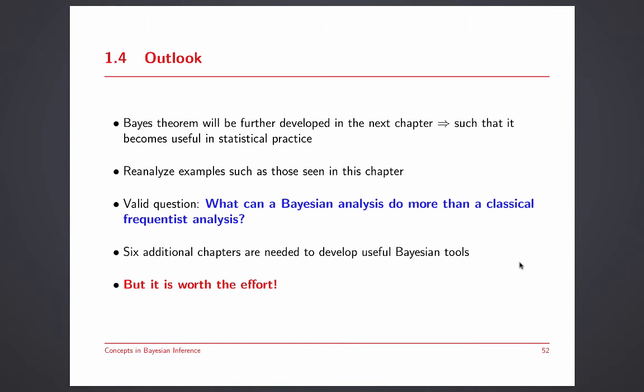So, in the next chapters, we will discuss Bayes' theorem further, such that it becomes more useful in statistical practice. We will look back at examples such as those seen in the previous chapter, and we'll always compare the Bayesian analysis with the classical frequentist analysis. It will take some time to understand what we can do and to be able to use it in practice, but I think it's worth the effort.